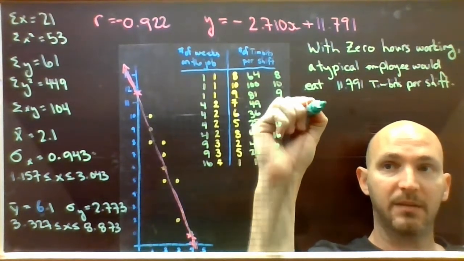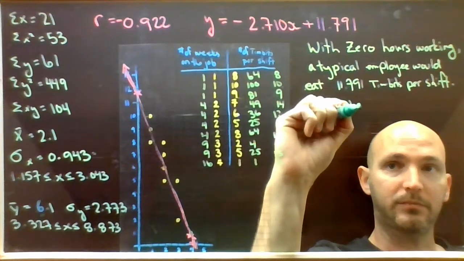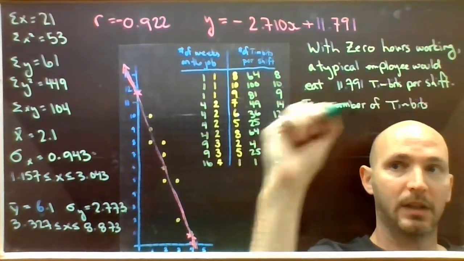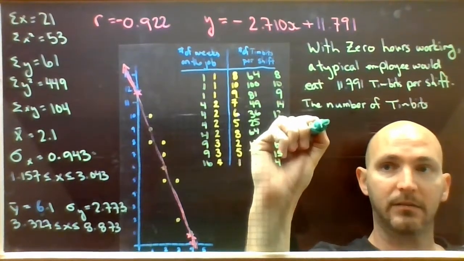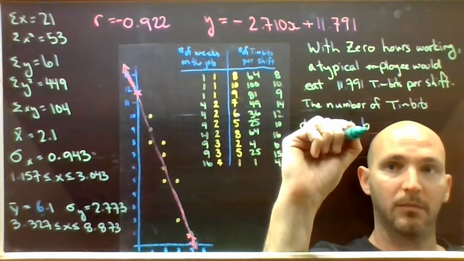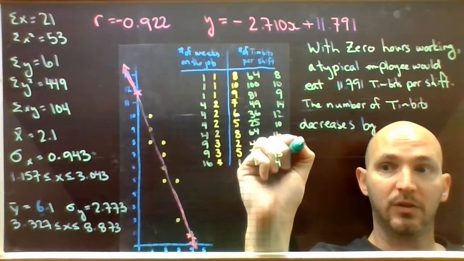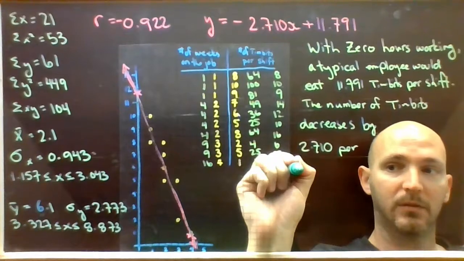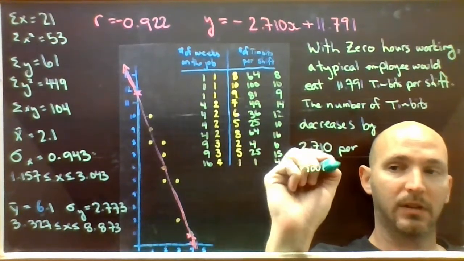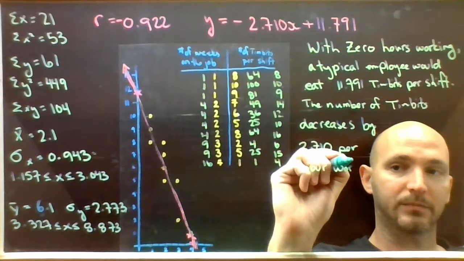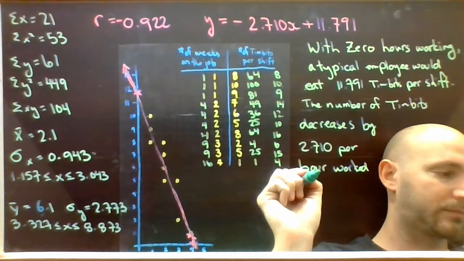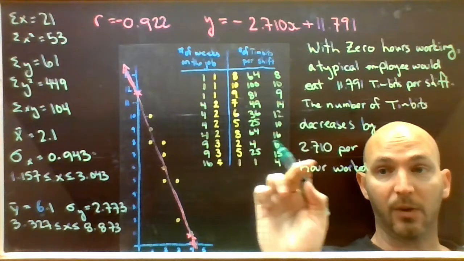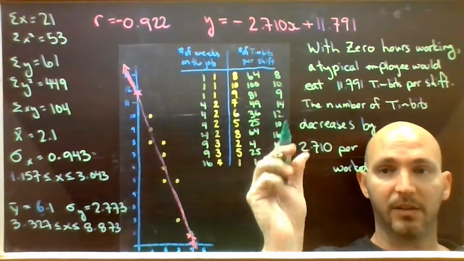The number of timbits decreases by 2.710 per hour worked. I'm just going to check what my data was. Oh, sorry. It's not per hour worked, it's per week on the job.